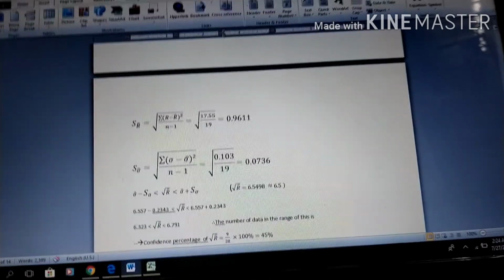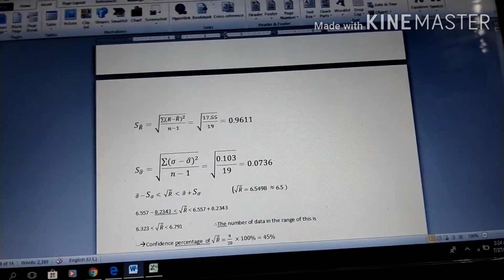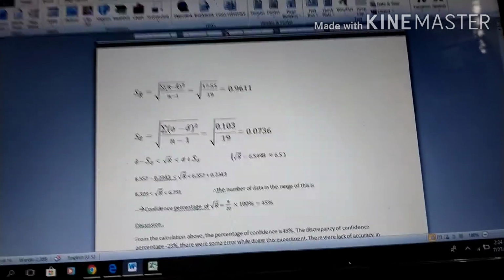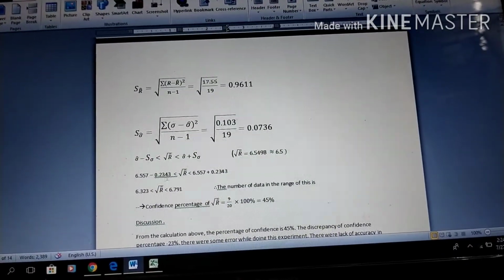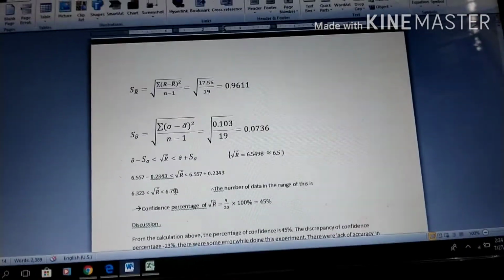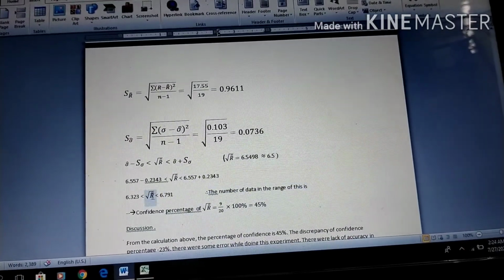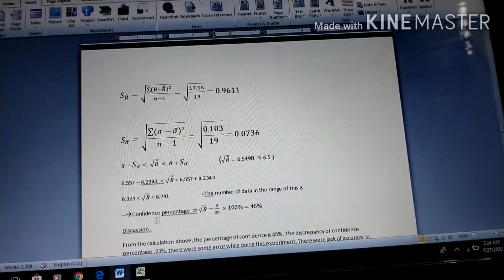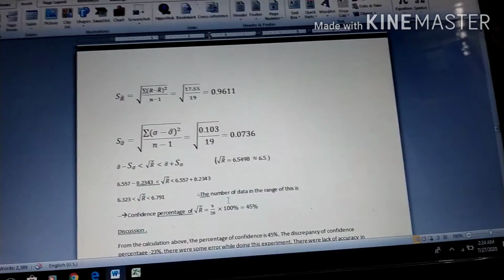After we have the standard deviation, we must calculate the error of the standard deviation, the plus and minus, and then the value between them. We have to find the number of data for this range.